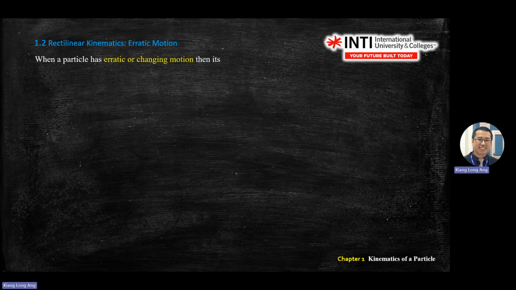Now today, we learn something a bit extra or new. It's called erratic motion. In the previous class, we learned about continuous motion, which is continuing to move. But today, we learn about particles that move and then stop, or slow down, or accelerate.